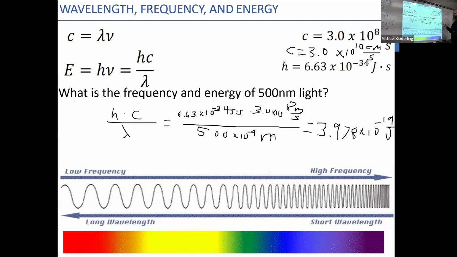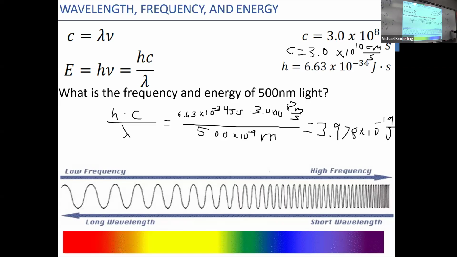And if you wanted to find the frequency and energy of 500 nanometer light, the frequency of 500 nanometer light is going to be the speed of light over the wavelength.